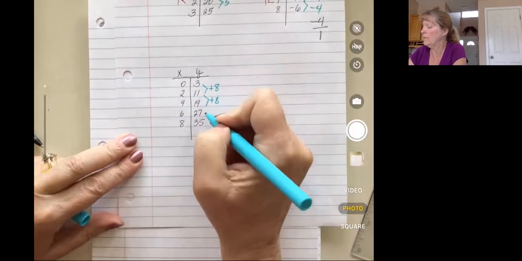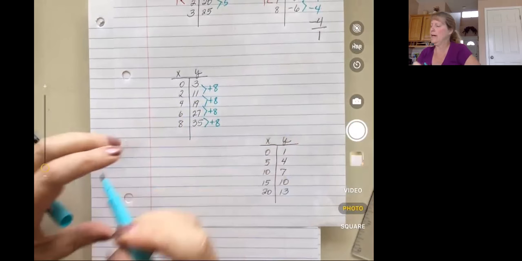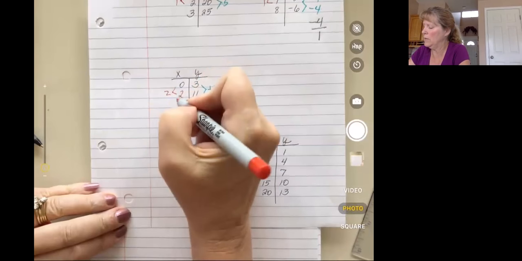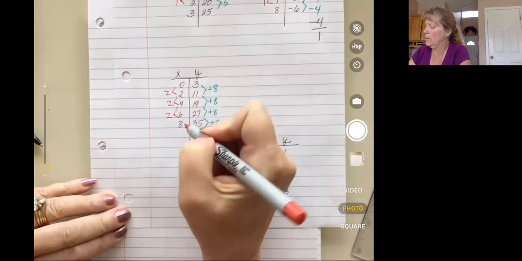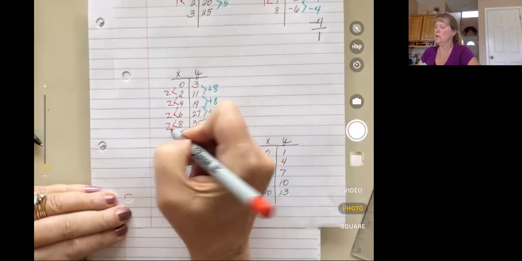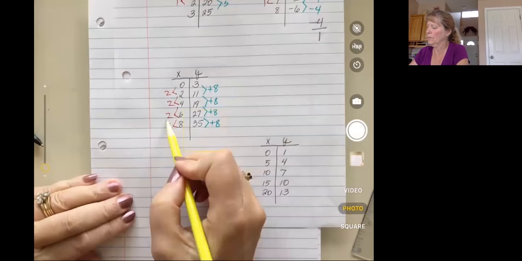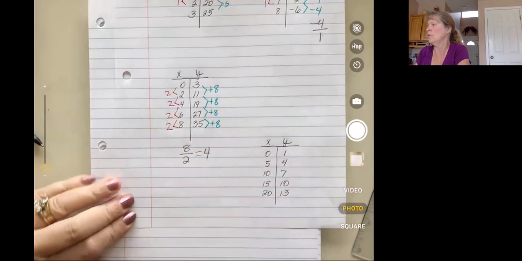Every step here, it goes up 8. On the X side, this is going up by 2. It's not going by ones. From 6 to 8, it goes up 2. So the slope is going to be 8/2. I can just say that's 4/1 if I want.